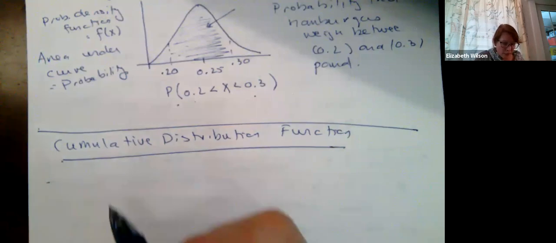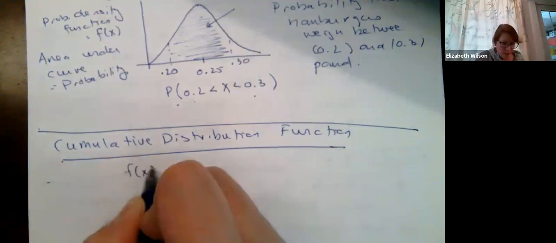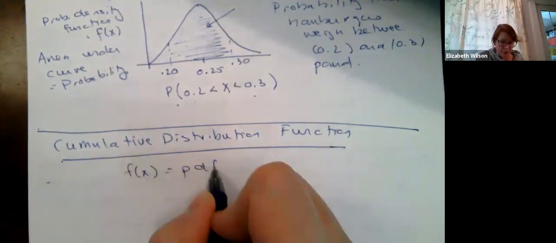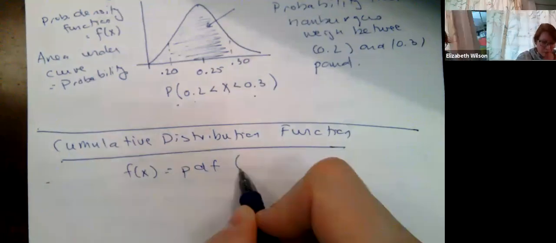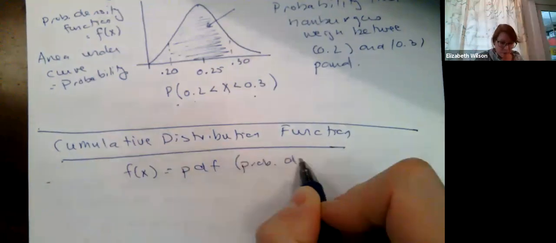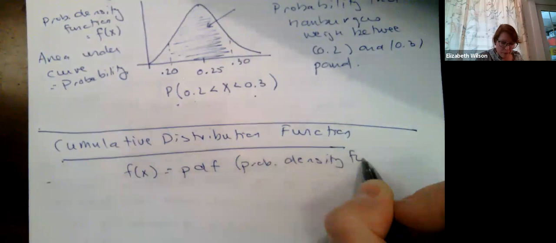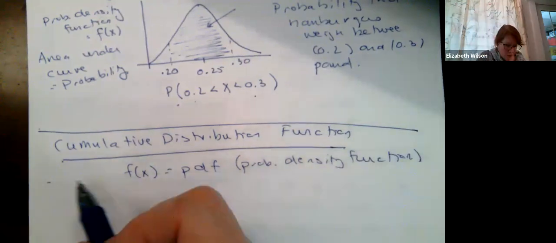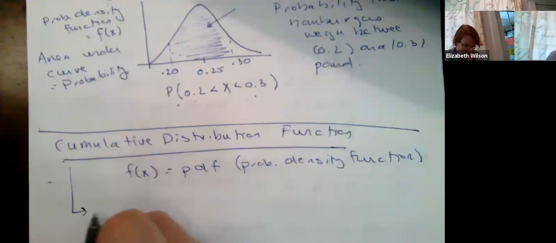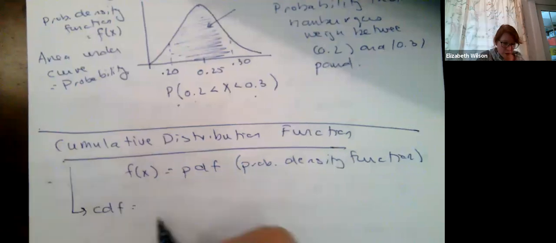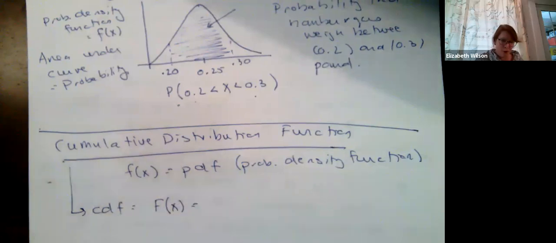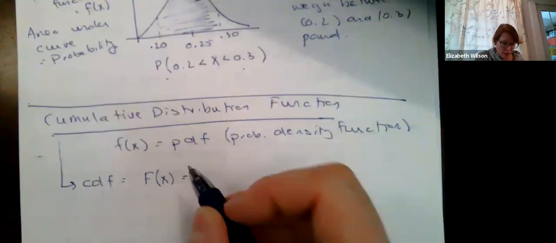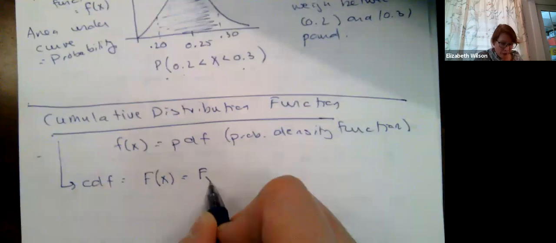If little f of x is our probability density function, my CDF, my cumulative distribution function, is capital F of x, which often we will write as capital F with a big X below.